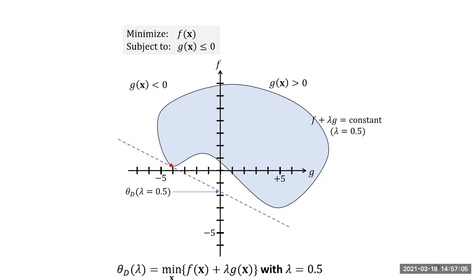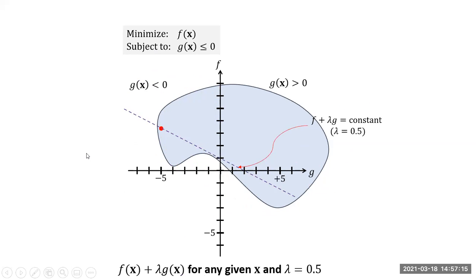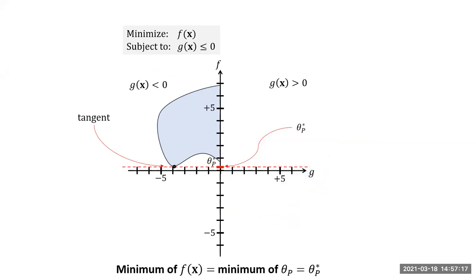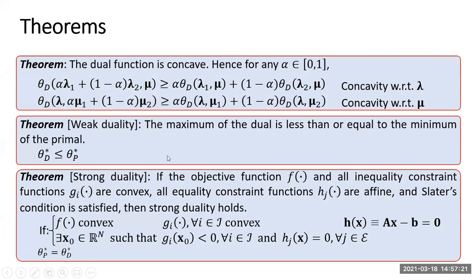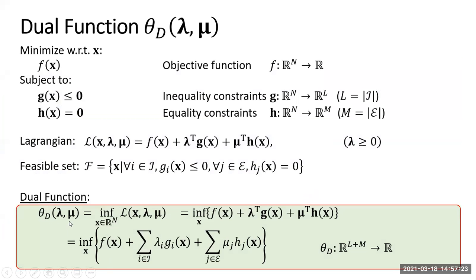It's not optimal. We're just trying to find the minimum. Don't use the word optimal yet. If you look back at the definition, theta d of lambda, mu, all I'm doing is taking the infimum here, the minimum.